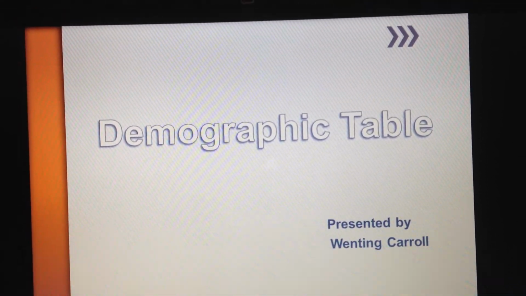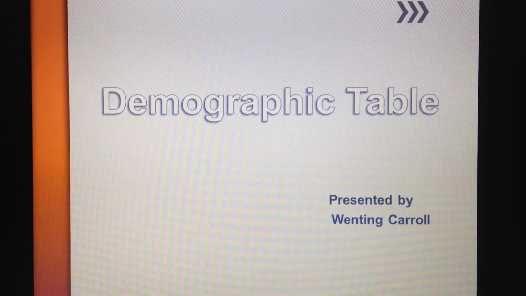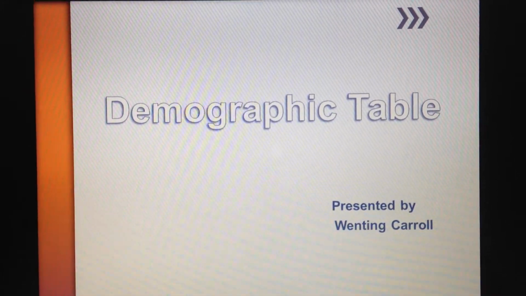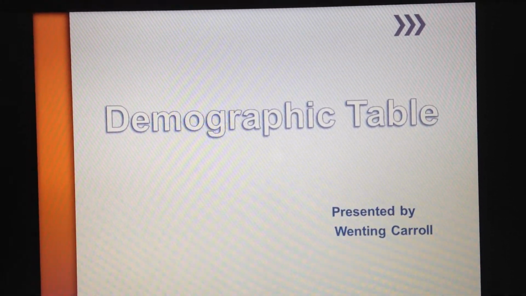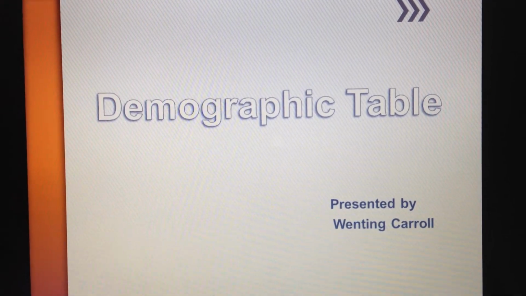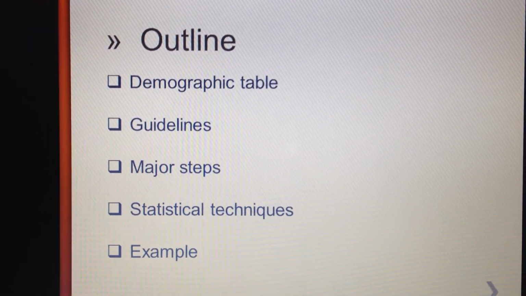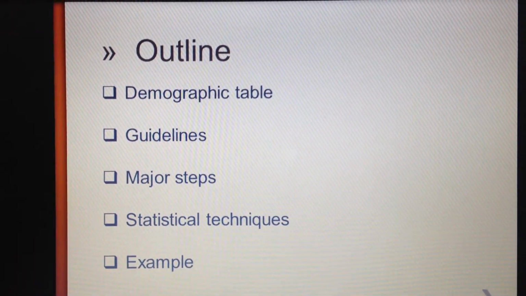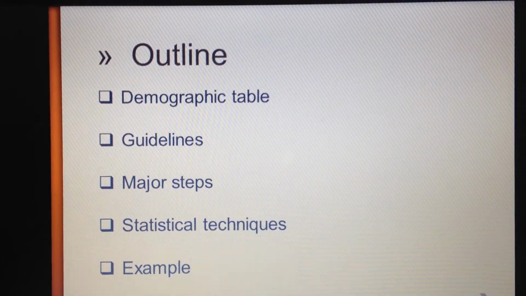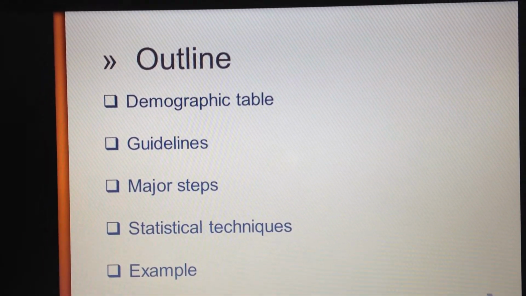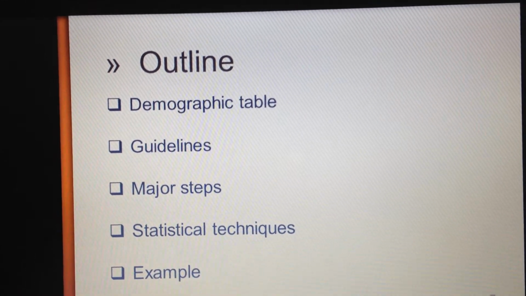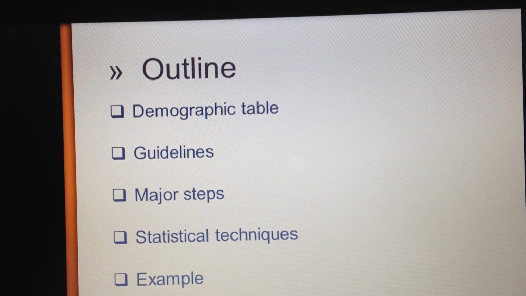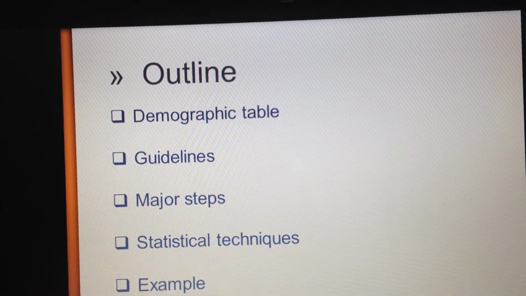I'm going to give a short talk on the demographic table. First, I'm going to show you the outline of my talk. We will first briefly go through the general definition of demographic table. Then we will talk about the basic guidelines to follow when we're making the demographic table.